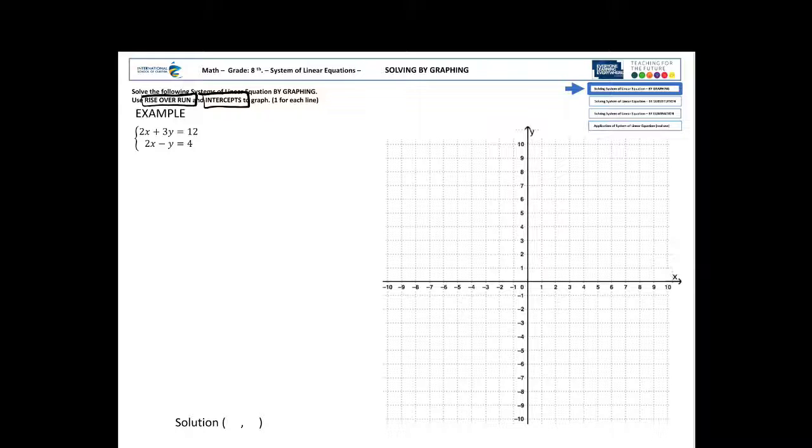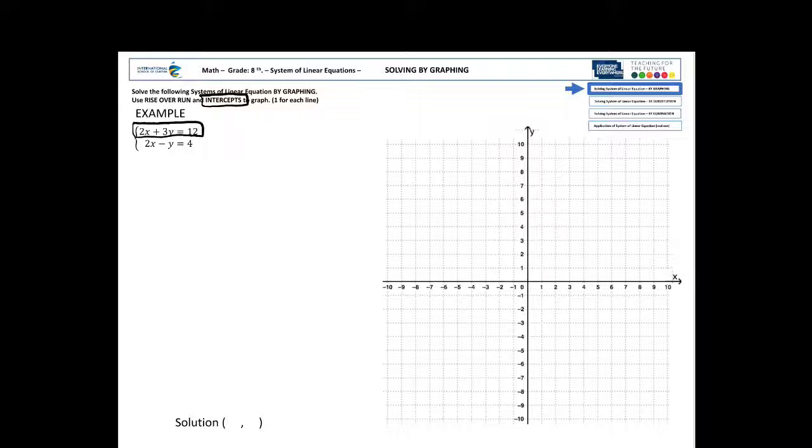I'm going to use different methods here only for us to remember, only for us to have in mind these two methods, a kind of review. So let's see now. I will use intercepts to graph this first line. And then I will use rise over 1 to graph the second line.